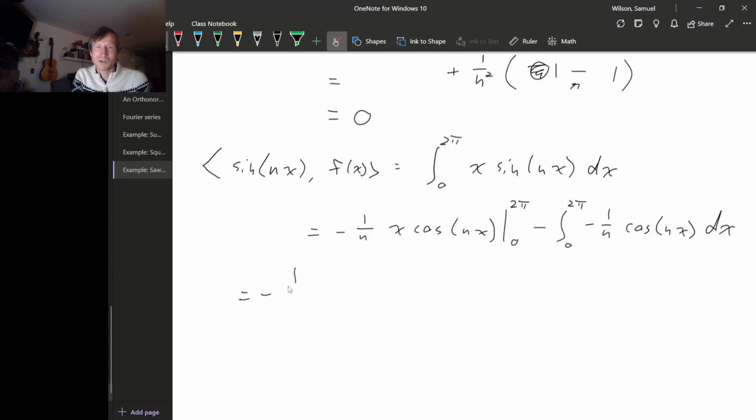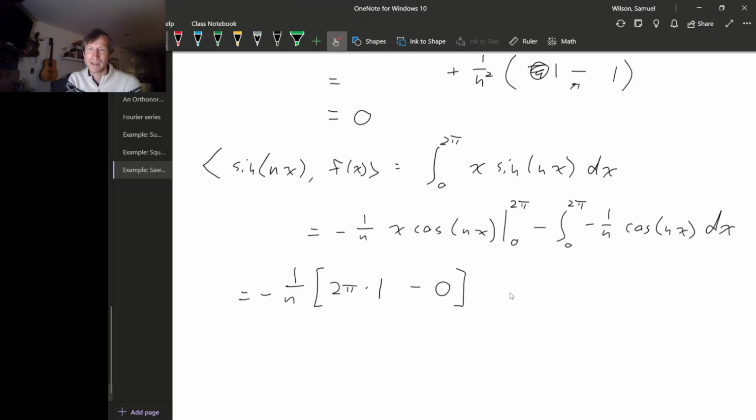So minus 1 over n times, let's see, x cosine nx at 2 pi, so we get 2 pi times cosine of 2 pi n. But cosine 2 pi n, that's an even multiple of pi, and so cosine of that is 1. Minus, and now when we plug in 0, this x out in front makes this part 0.